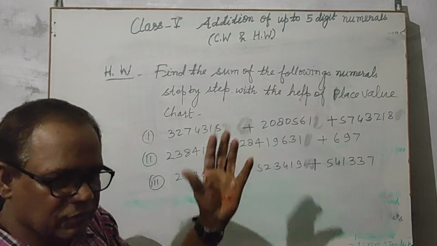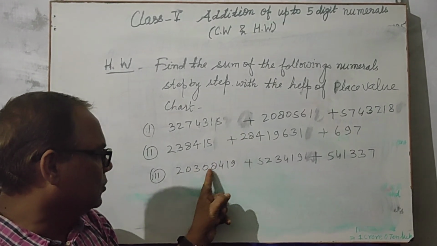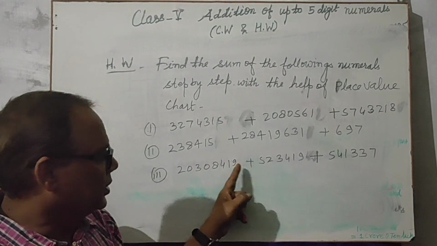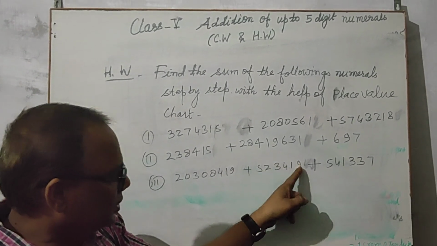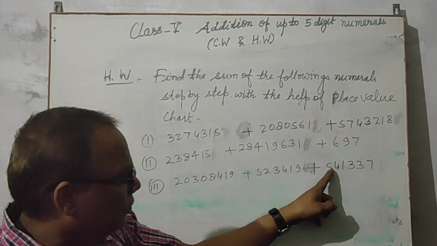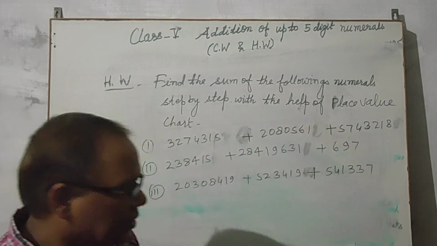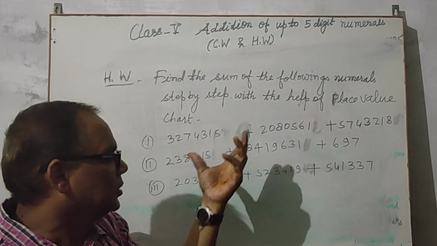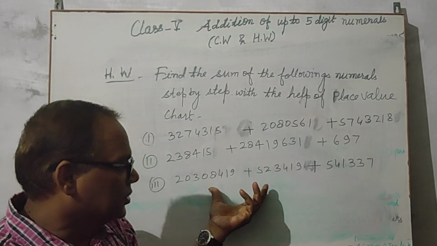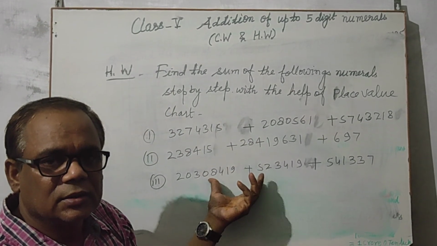Find the sum. Third: 20308419 plus 523419 plus 5541,337. How will you read these numerals?